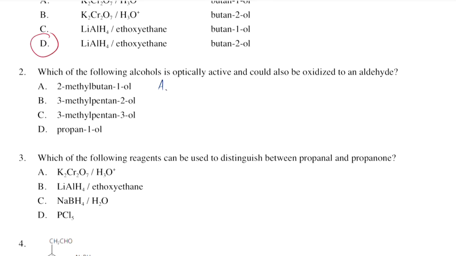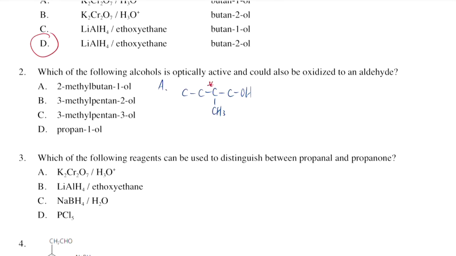Let's draw the structure together. For 2-methylbutan-1-ol, it should have this structure. We have the hydroxyl group, and then we have the methyl group. I won't add the rest of the hydrogens just to clearly show the structure here. For this molecule, first let's check whether it's optically active or not. If we take a look, we can see this carbon.